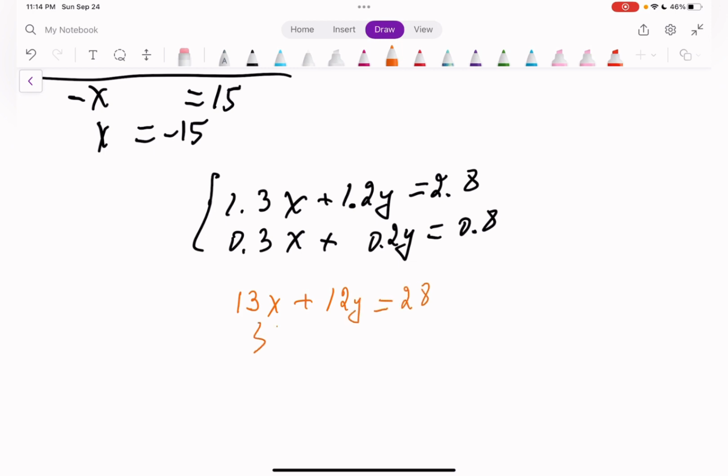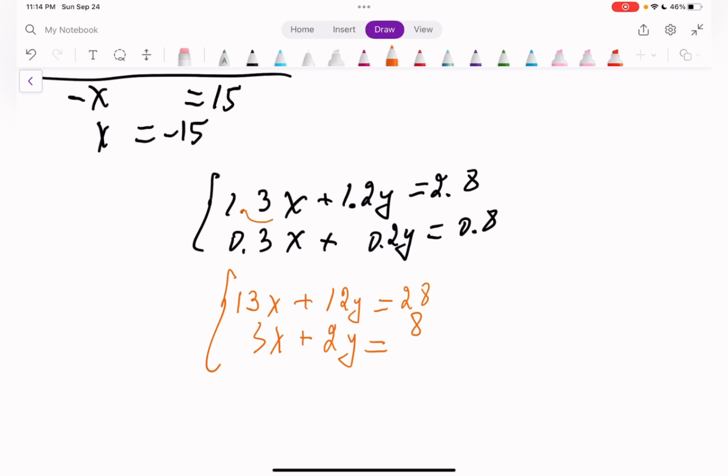Here is 3x plus 2y equals 8. Okay? So I multiplied by 10, meaning take the decimal and move it by one position to the right. If you multiply by 100, you take the point and move it to the right by 2 positions.